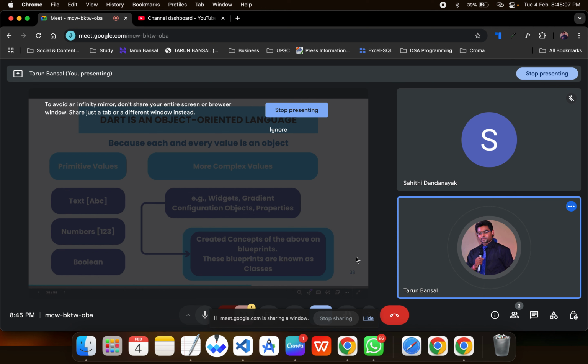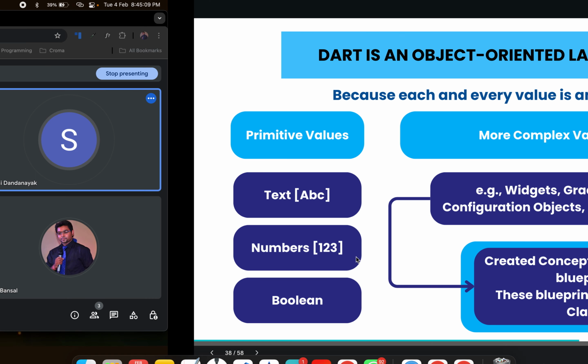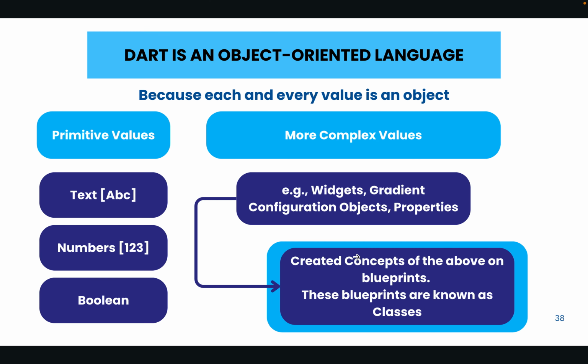Is it clear to you? So these blueprints are none other than what are called classes. As we discussed earlier, when we were studying Dart, we already learned how we can create blueprints, which are considered as classes.